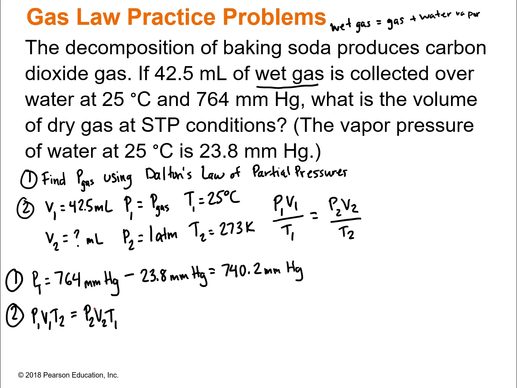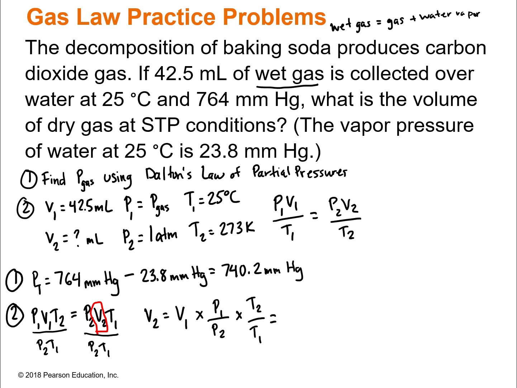This time we're solving for V2. And we're going to divide both sides by P2 and T1. That's the equation that you should use to solve for V2.